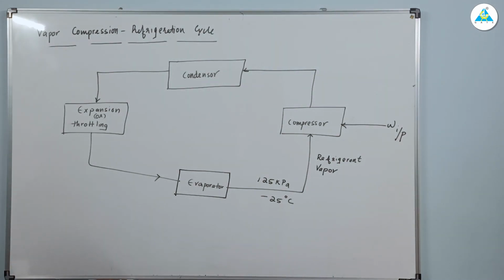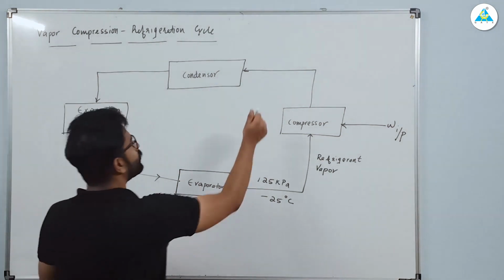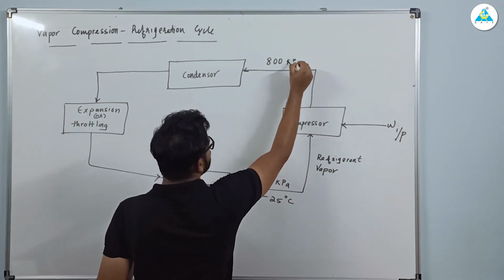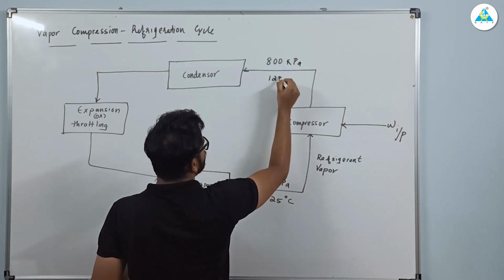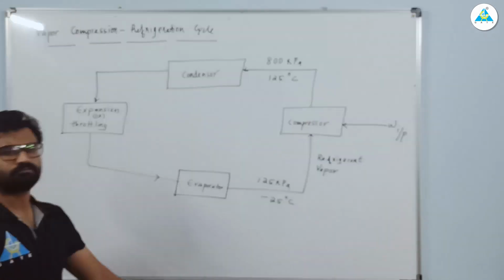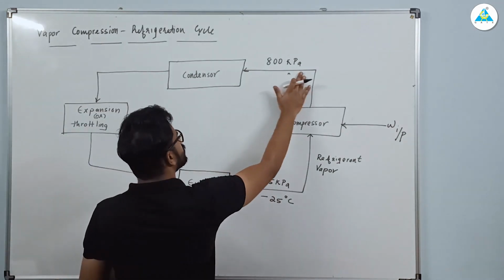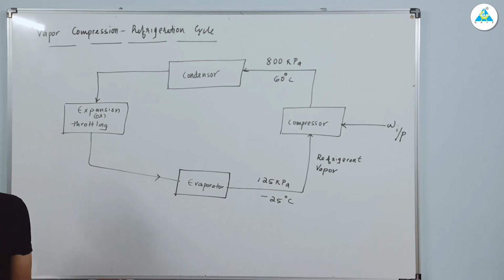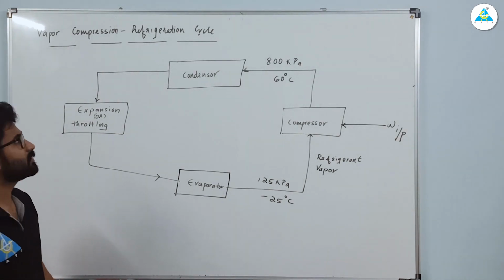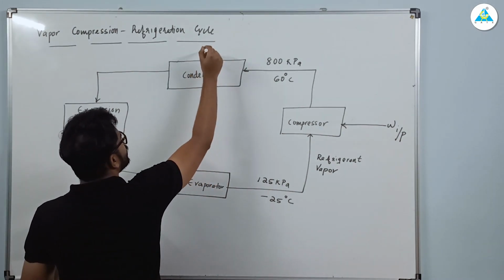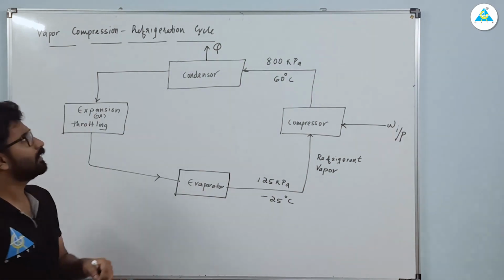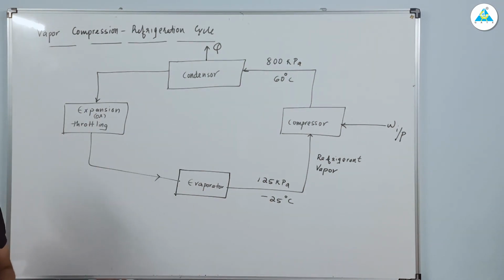The 125 is now changed: if it is a compressor, the pressure is increased, and the temperature is also increased, say 60 degrees Celsius for example. Now the condenser is releasing some heat to the outside because it is condensing.